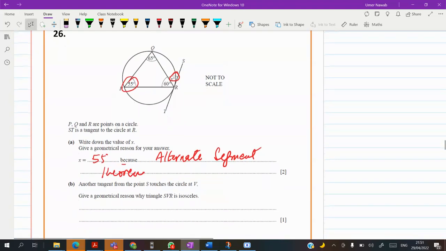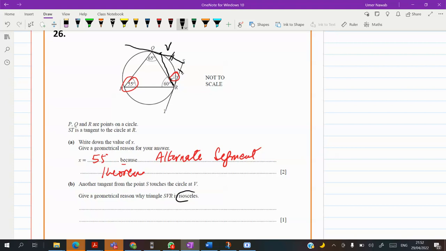Another tangent from the point S. Oh yes, another tangent from the point S is drawn. Touches the circle at V. Give a geometrical reason why triangle SVR will be isosceles.